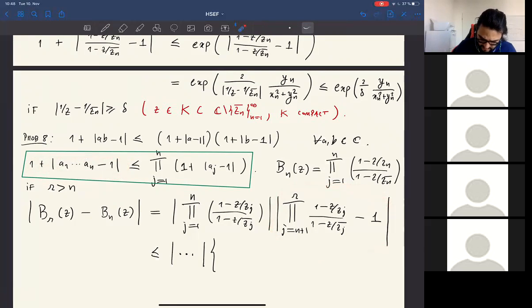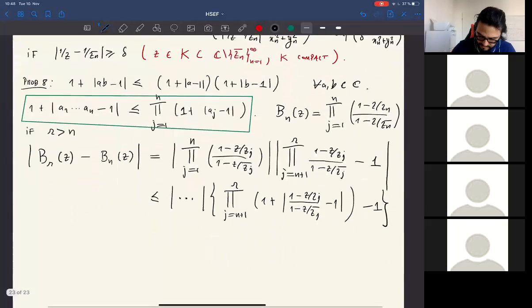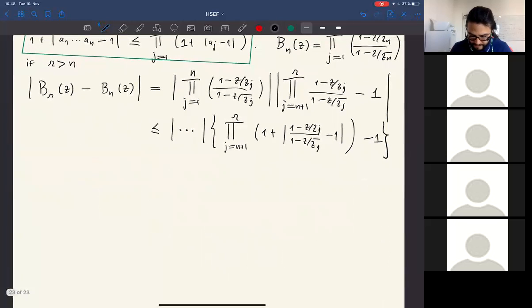So I will have the product from j equals n plus 1 to r of 1 plus, and then moduli 1 minus z over zj, 1 minus z over zj bar, minus 1 moduli, close this, and then I have a minus 1, and I close this. Okay. Yeah, it looks correct.